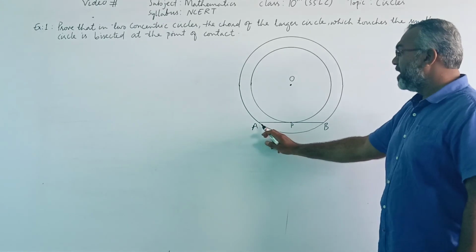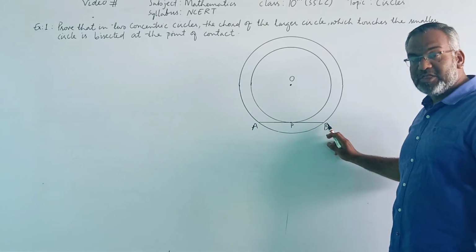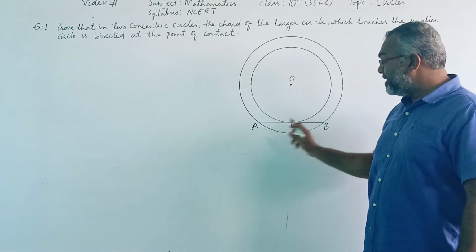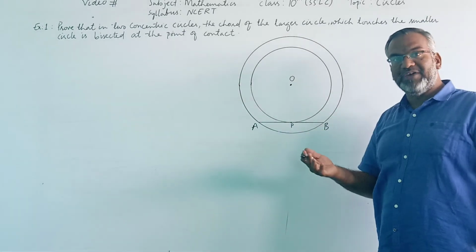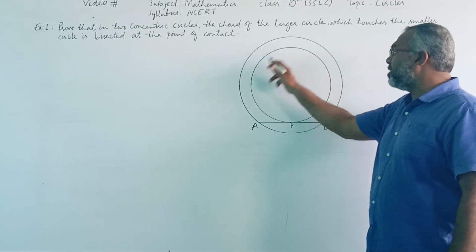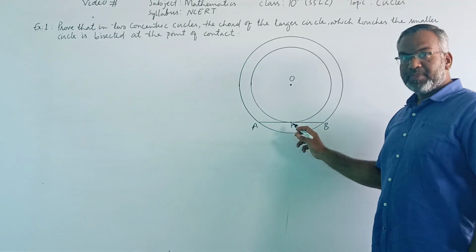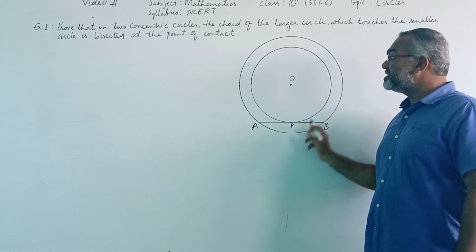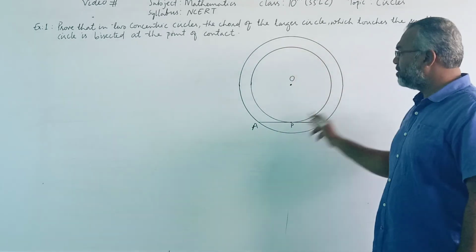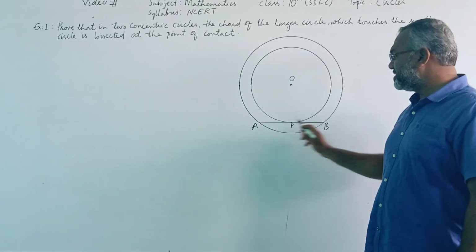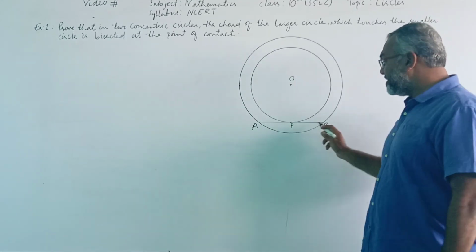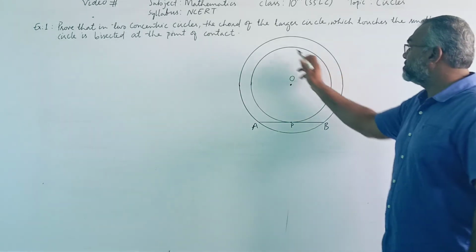AB is a chord of the larger circle, but AB is passing in such a way that it is touching the smaller circle at P. So we can say that AB is a tangent to the smaller circle.